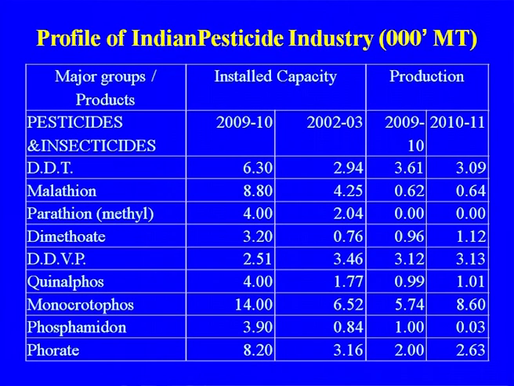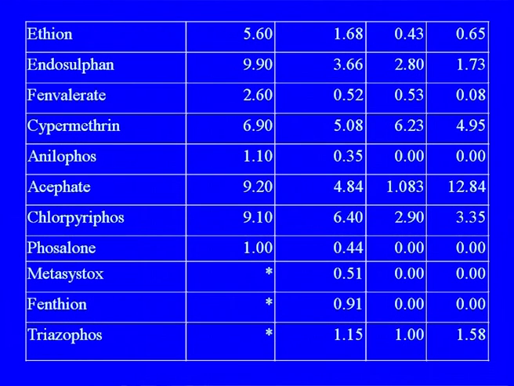These are the different types of pesticides and insecticides which we are making: DDT, malathion, parathion, dimethoate, DDVP, quinalphos, monocrotophos, phosphamidon, phorate, ethion, endosulfan, fenvalerate, cypermethrin, anilophos, acephate, chlorpyrifos, phosalone, metasystox, fenthion, triazophos.